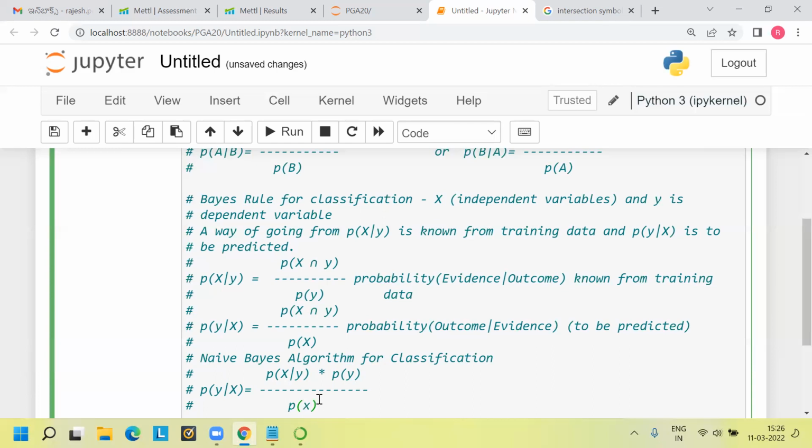So you have to remember the formula. This is used when you have only one single independent variable.